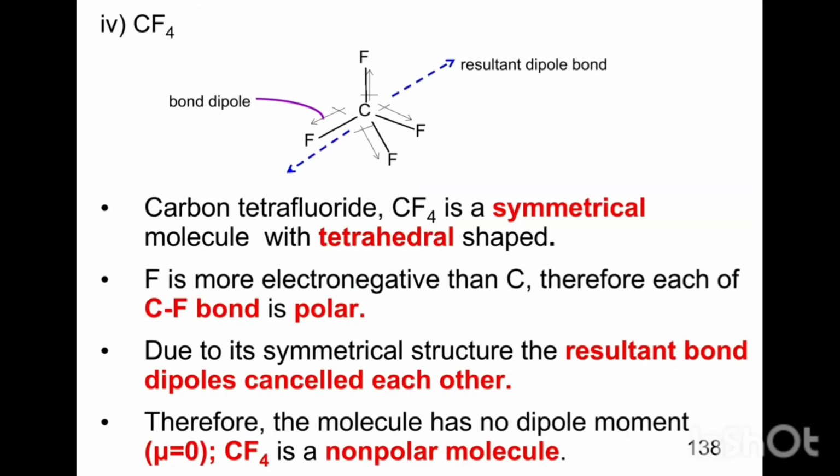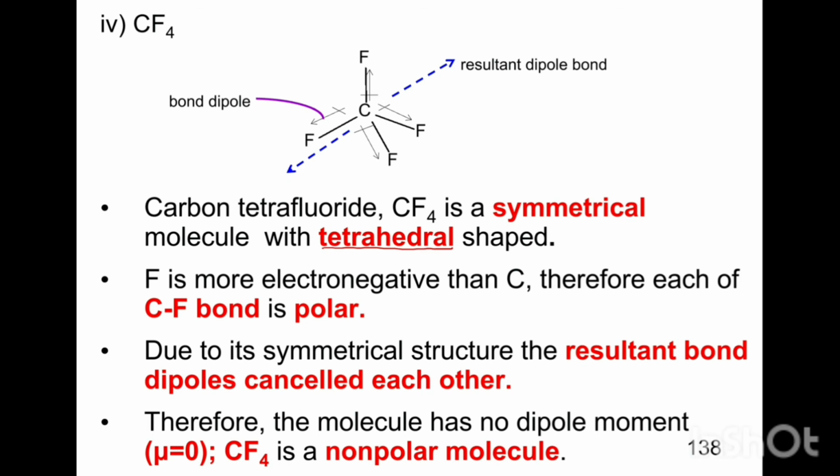I choose CF4. CF4 is a symmetrical molecule. Why? Because the molecular shape is tetrahedral. So how do we know that the molecular shape for CF4 is tetrahedral? From the Lewis structure.